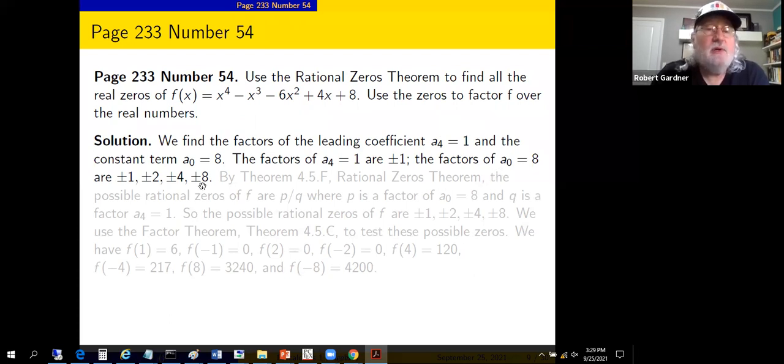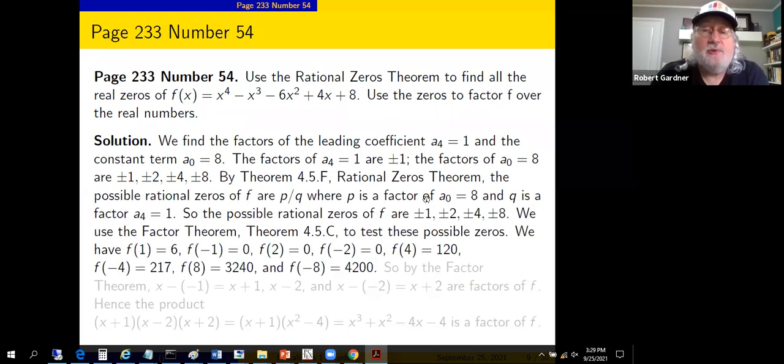That will give us factors of plus or minus 1, plus or minus 2, plus or minus 4, plus or minus 8. Those all divide 8 over the integers. So the rational zeros theorem tells us if we have a rational zero in reduced form, then the numerator is a factor of a sub 0, the constant term, and the denominator is a factor of 1.